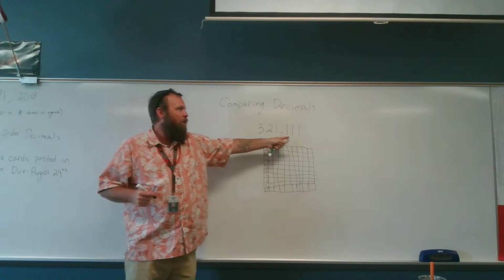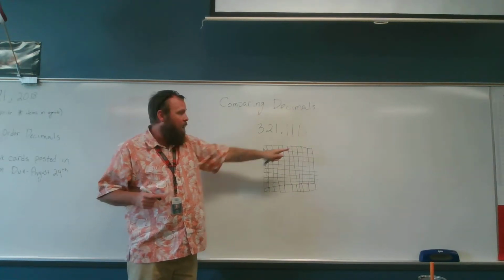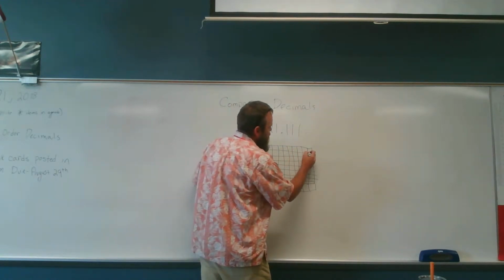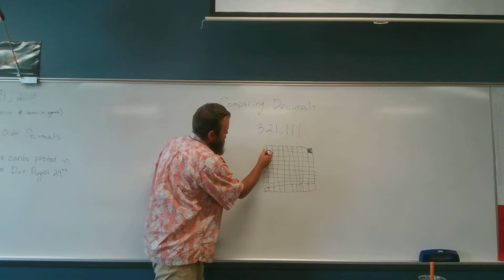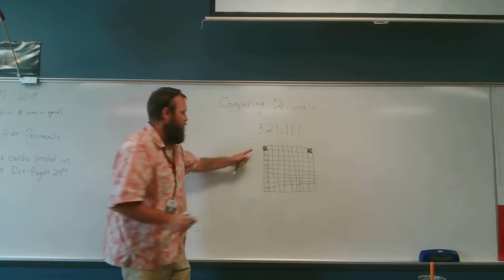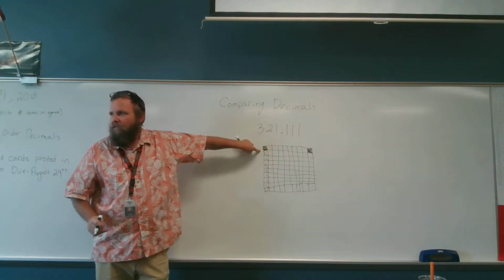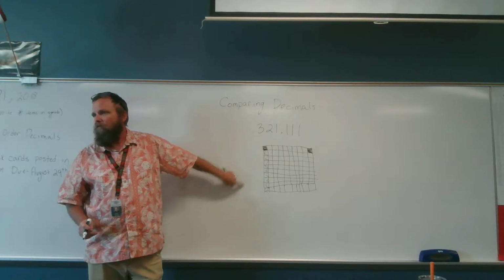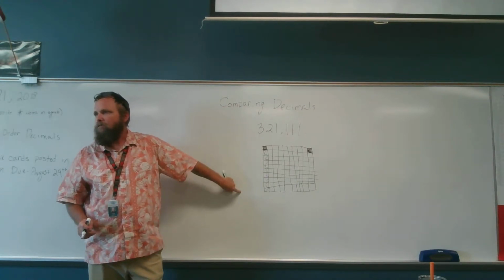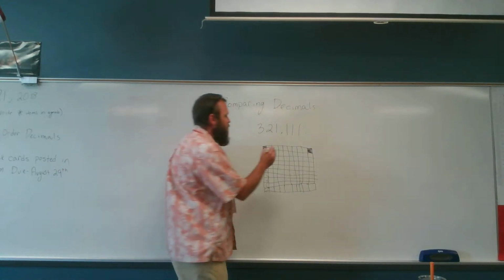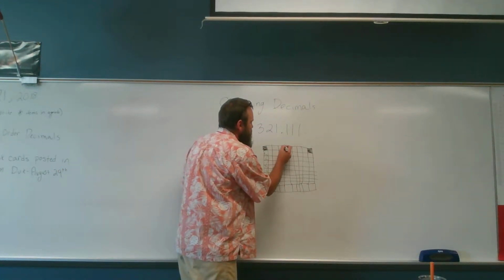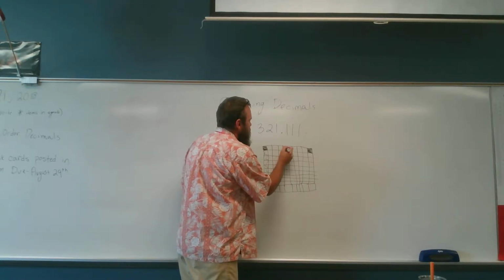A hundredth is just one square. So if this is a hundredth, it's 1 out of the 10 parts of a tenth. And a thousandth means you take each hundredth and divide it into 10 equal parts.